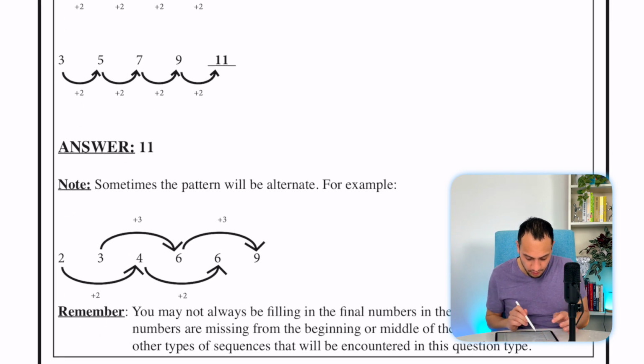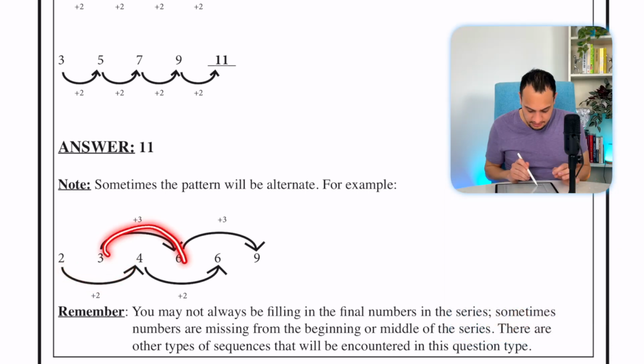Now let's look at another type of sequence that not many people talk about or know about. You've got alternate patterns. That's when there's one change applied to the odd terms in the sequence, and another change applied to the even terms in the sequence.